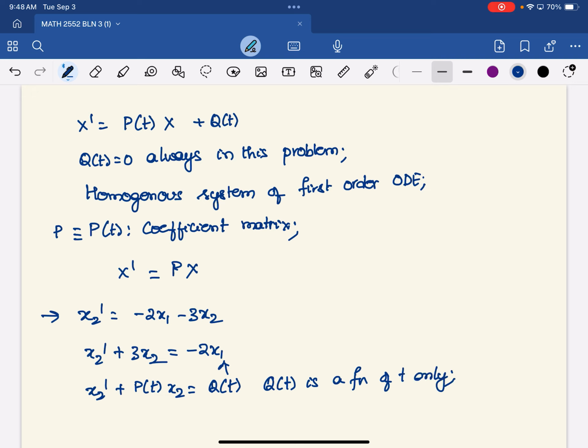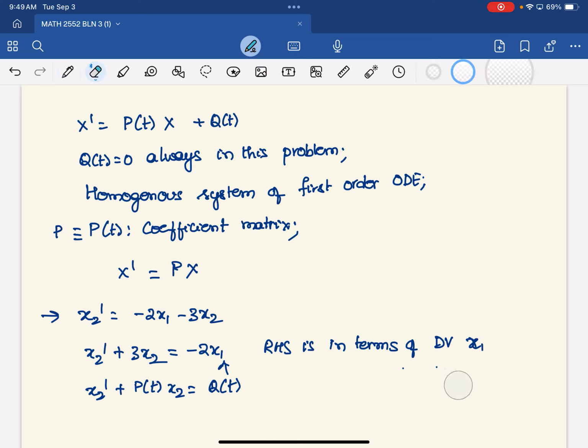But here, the right hand side is in terms of the dependent variable x1, whereas it should be in terms of the independent variable t.